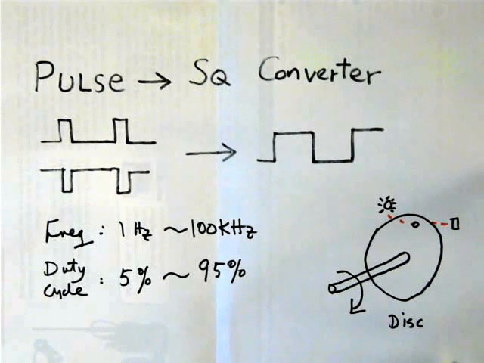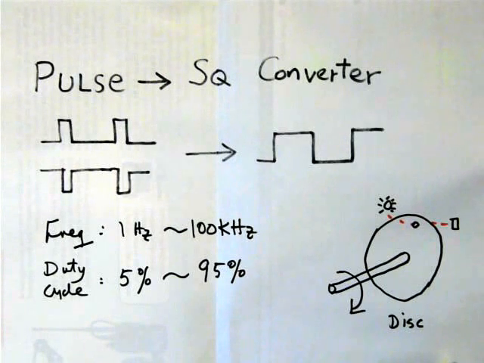Hello. Today I'm going to demonstrate a pulse to square wave converter. Many times in real life we have the case of a pulse which we want to convert to a square wave.